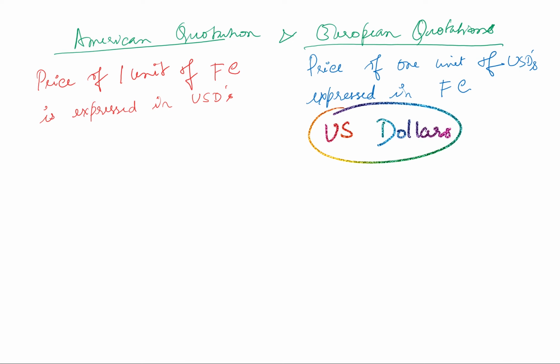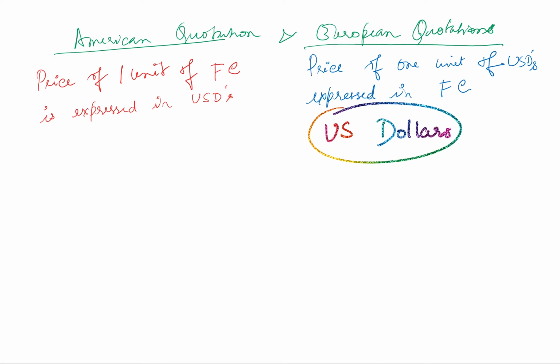But when it comes to American quote and European quote, as the basis of differentiation is US dollars, there should be US dollar currency in the quote for identifying if a particular quotation is American or European.